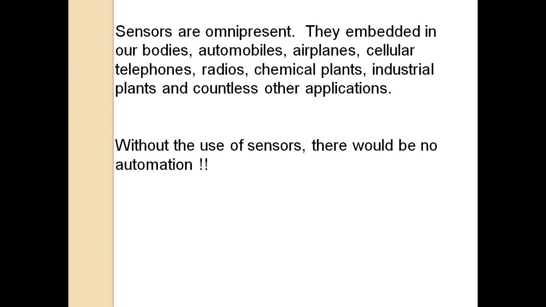In automobiles, if you want to measure the fuel tank capacity, you need a fuel sensor. For an aeroplane, you need to measure the pressure, the humidity and the conditioning, so you need sensors. All this physical quantity data can only be captured by a sensor and is given to a DAC. Without the use of sensors, there could be no automation.